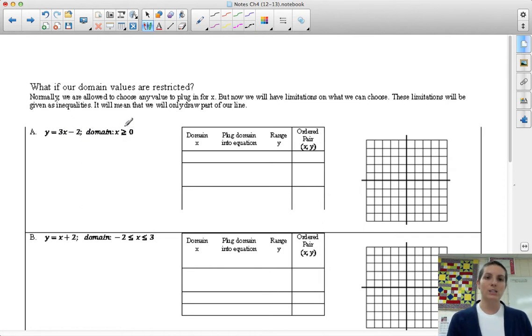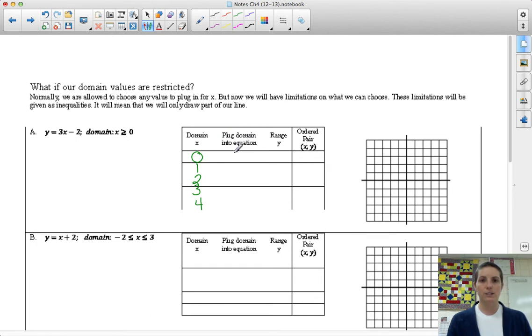So we can go ahead and choose our domain values that are greater than or equal to 0. So when we choose our domain values, we're going to choose 0 first, and then we're going to choose numbers that get bigger. So 1, 2, 3, and 4 are going to be those numbers that we're going to plug in.